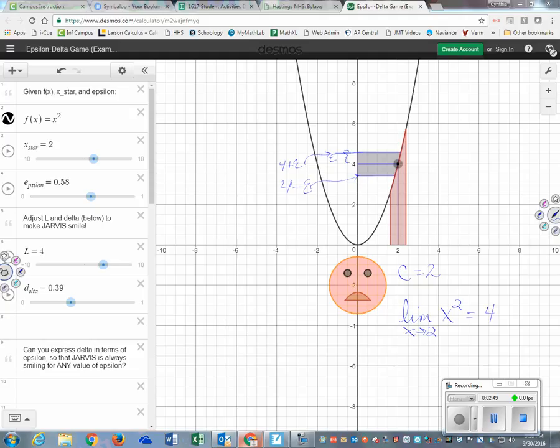So where would I have to be as far as an x value in order to get that? To get in that range, my x has to be a certain distance away from C, and this is what we call our delta value. How large can delta be in order to ensure that I'm within this epsilon range, or in the purple zone?